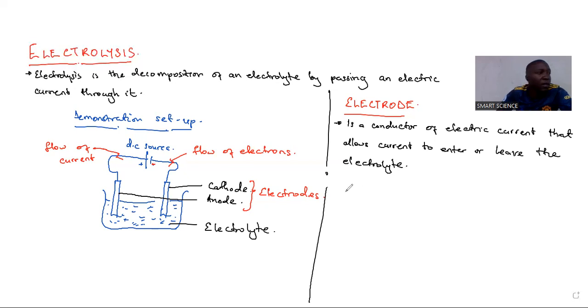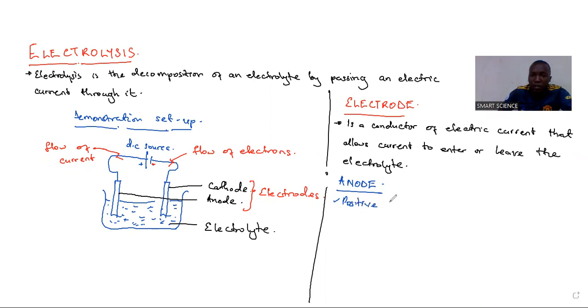So current will enter or leave the electrolyte through terminals we call electrodes. These electrodes are categorized into two. The first electrode is the anode, which is positive.